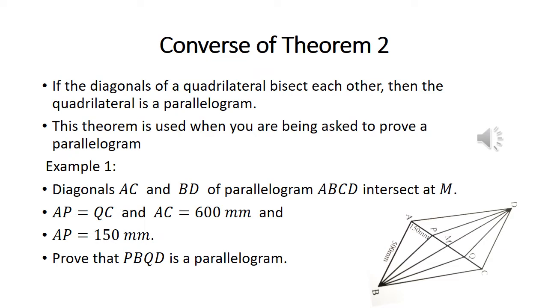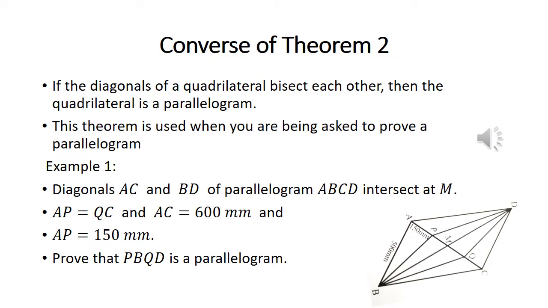Moving now to the converse of Theorem 2. So the Theorem 2 said, because it is a parallelogram, we proved that the diagonals bisect each other. Now the converse says, if you have a quadrilateral where the diagonals bisect each other, it must be a parallelogram.